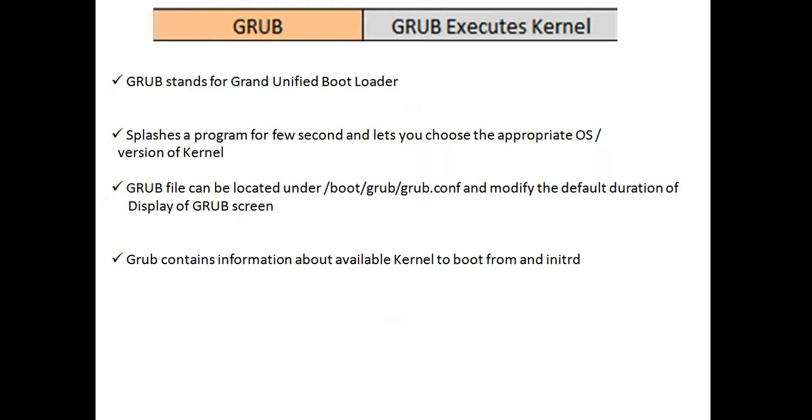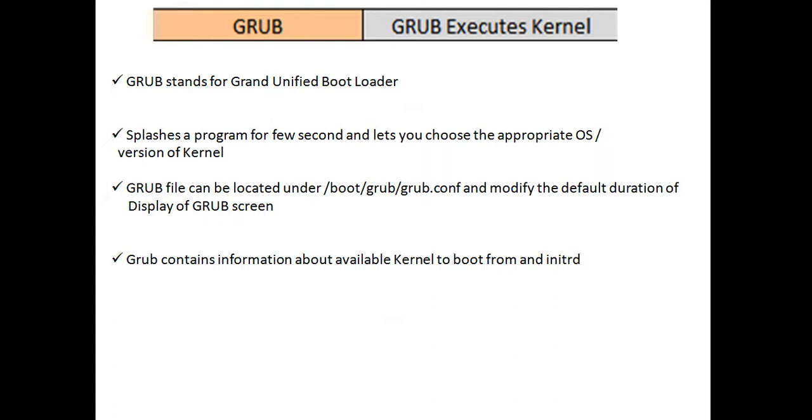So the grub file can be located under /boot/grub, and the grub.conf file, and you can modify the display duration using this configuration file. GRUB contains information about available kernels and the initrd.